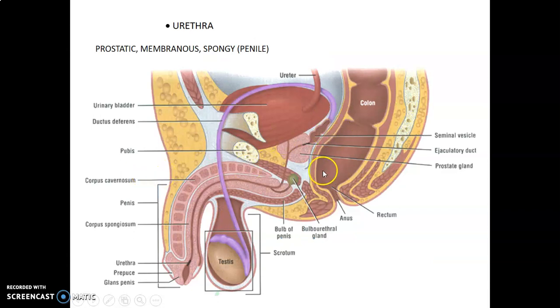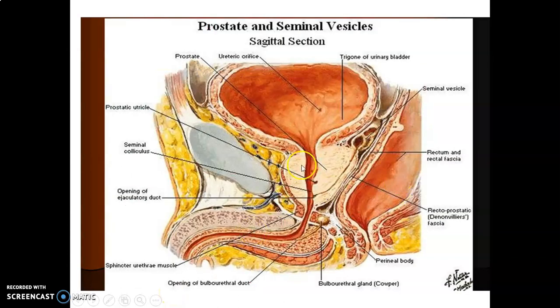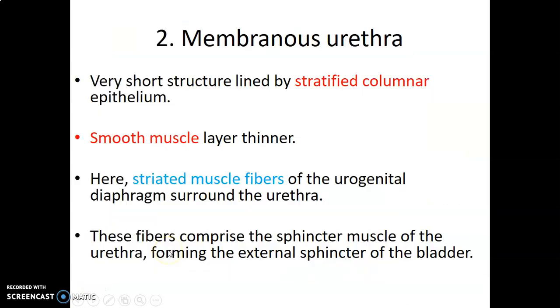So this is the prostatic urethra within the prostate, then the membranous urethra, followed by the penile urethra. Again, you have your prostatic urethra, then the membranous urethra at the urogenital diaphragm, and it's the membranous urethra where you are able to appreciate bulbourethral glands, and then that's the penile urethra.